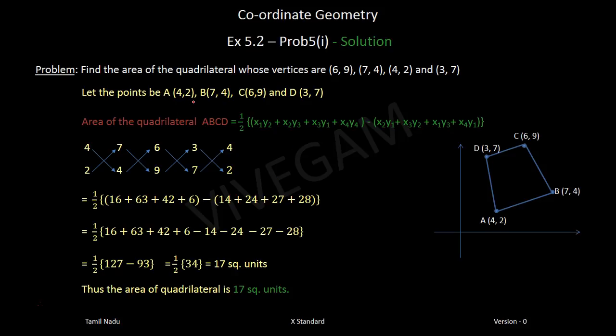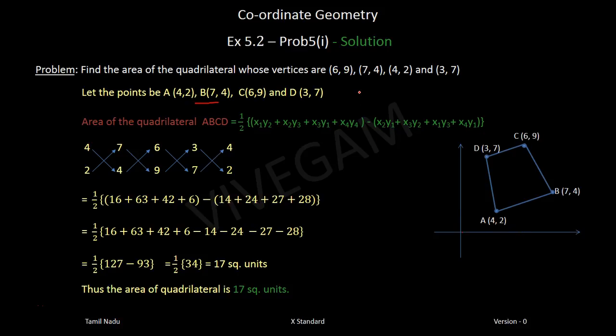Okay, the solution. The 4 points are there. I've already changed the order, but anyway, let's first draw the figure here. Let's take the first point, (6, 9). One unit is 1 centimeter approximately. You can take it, or half a centimeter. No issues, but be consistent. If you make everything half, measure accordingly.